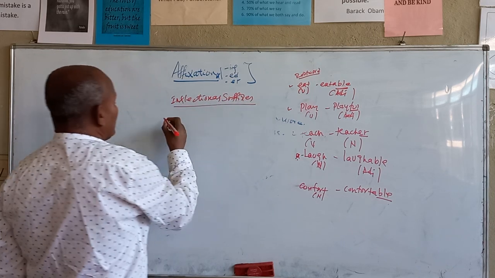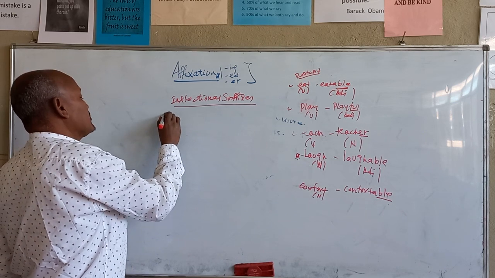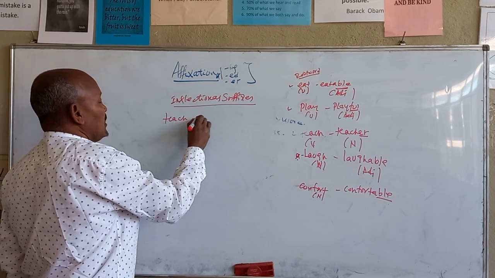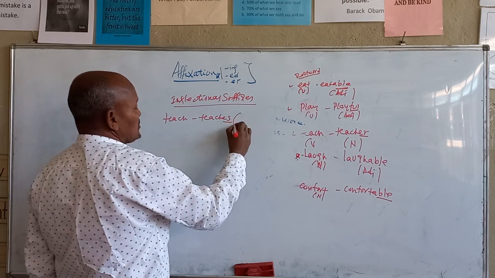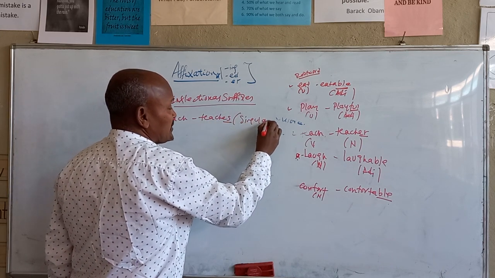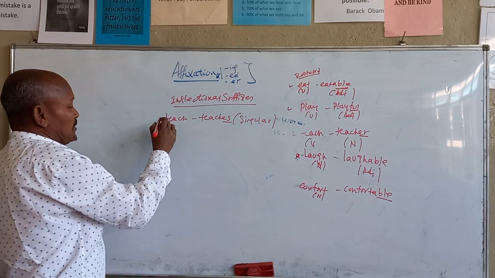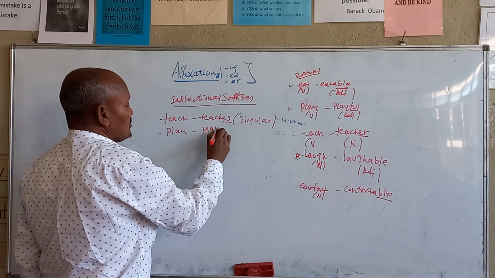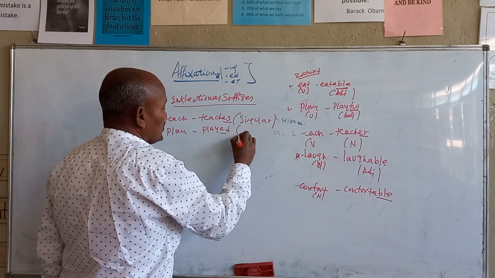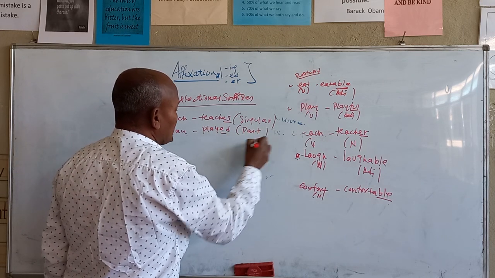Inflectional suffixes, look here. The first one is teach and teaches. This is an inflectional suffix which is singular. Yeah, a grammatical change as I told you before. And here is play and played. This is past tense, which is a grammatical change.